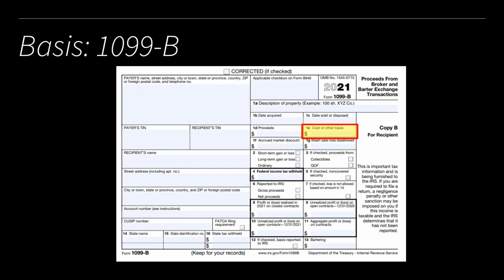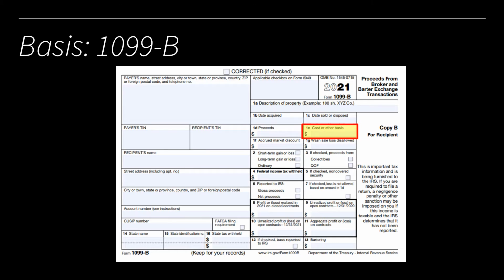Along with proceeds, there's going to be a cost or other basis reported on this form. Sometimes that is the basis that we take, and sometimes there needs to be some adjustments to that. Sometimes that cost or basis has already been reported to the IRS, and sometimes it has not.